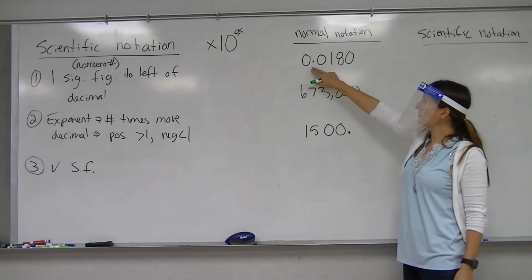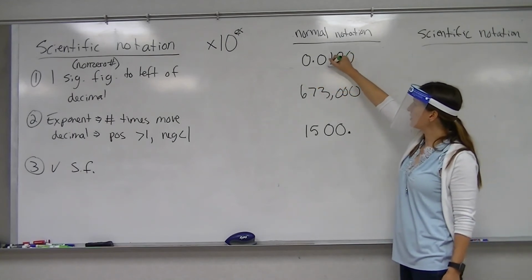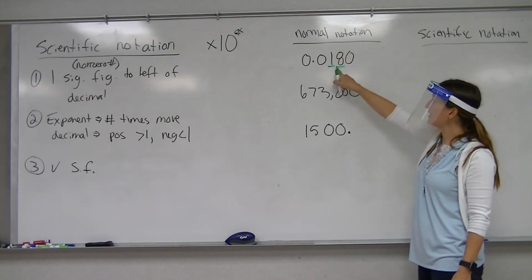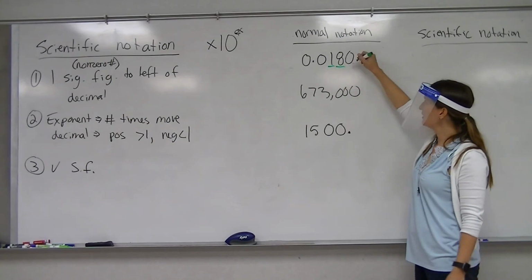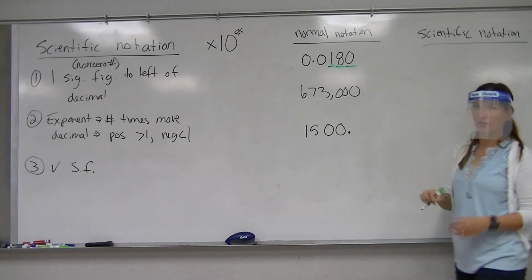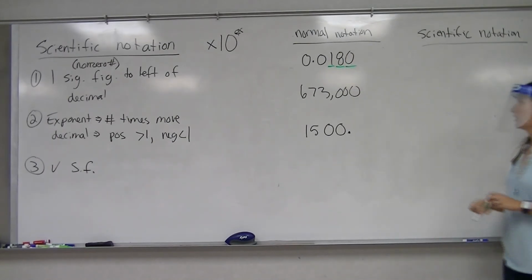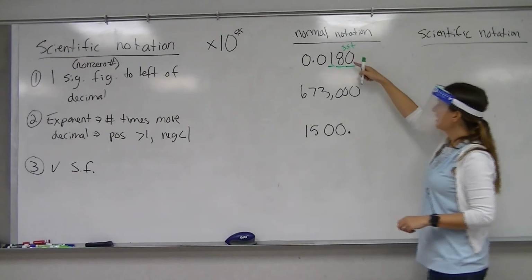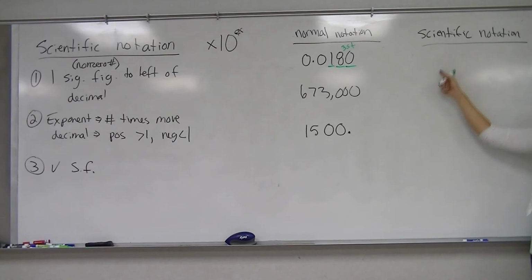You start counting at your first number. So we're going to start counting at the 1. The 8 also counts. And in this case, since there's a decimal, the zeros that come after we already started counting do count. So we have a total of 3. I'm writing that here so that once I represent it in scientific, I need to double check and make sure I still have those 3 significant figures.